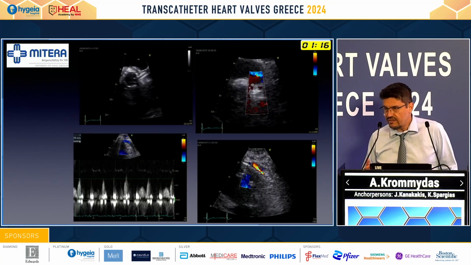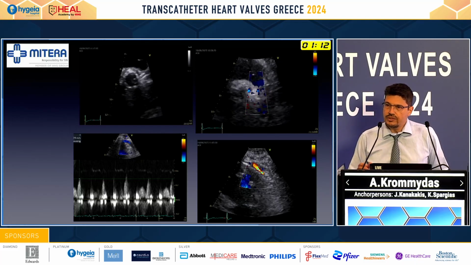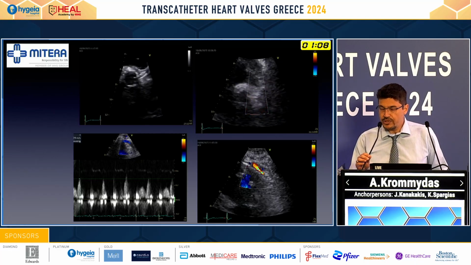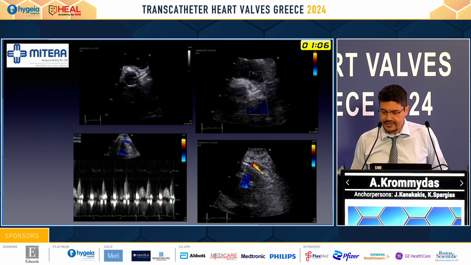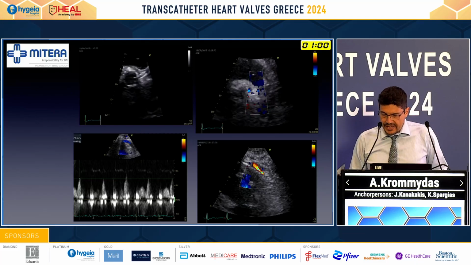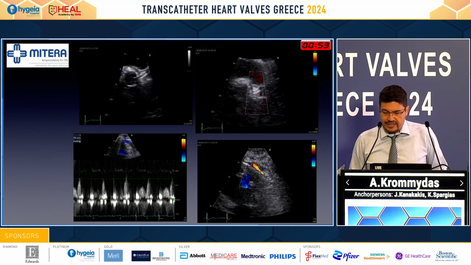And sometimes in complex valve-in-valve interventions, when there is suspicion of obstruction of the left main stem, the interventionalist may ask us to perform an adenosine stress echo in order to assess the flow in the left main and the LAD, which we can do relatively easily.